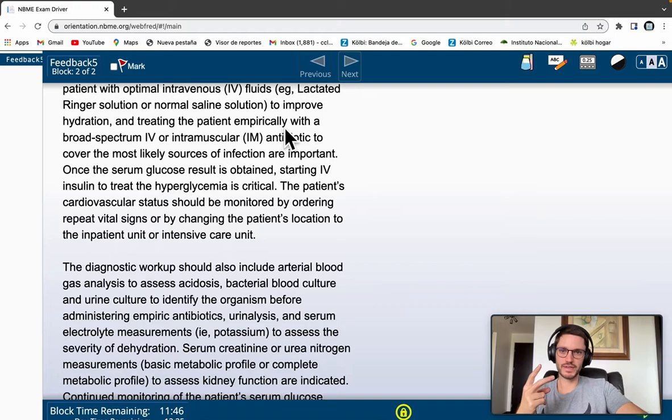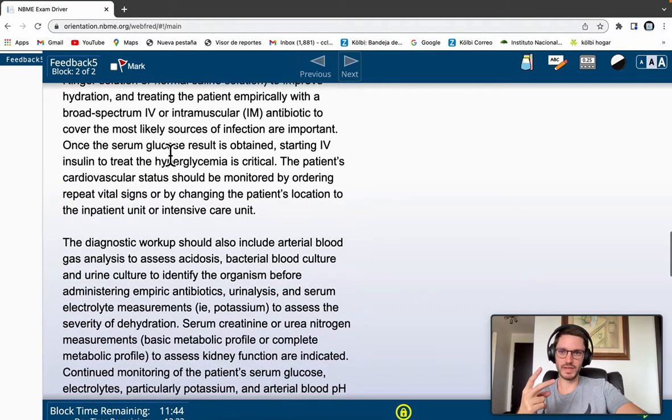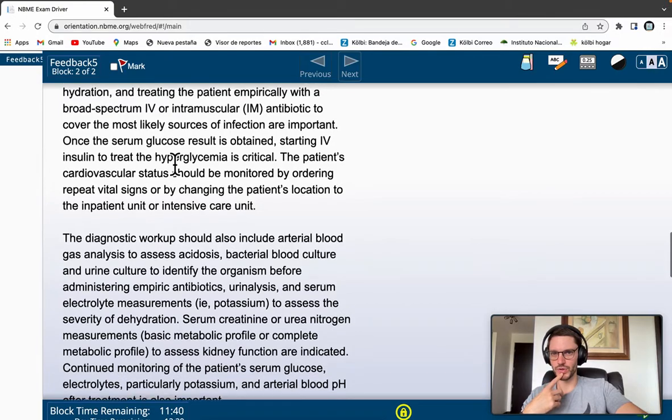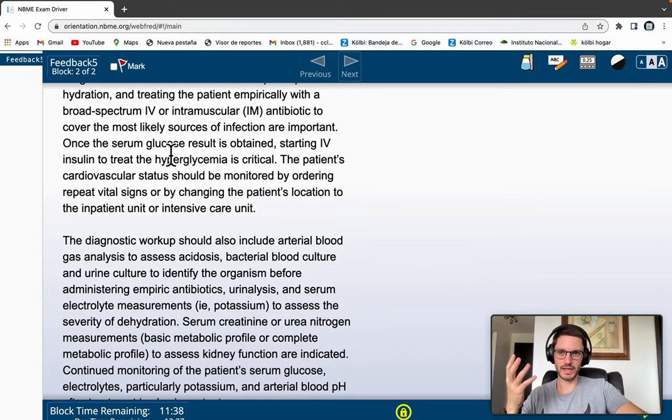And treat the patient empirically with broad spectrum IV or intramuscular antibiotics. So I found out she had a urinary tract infection, so maybe broad spectrum wouldn't be the case. So maybe ceftriaxone would be okay with the urinary tract infection, not sure. But we could say the patient had sepsis.